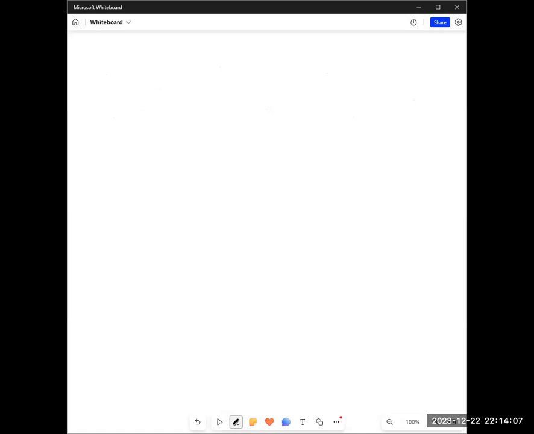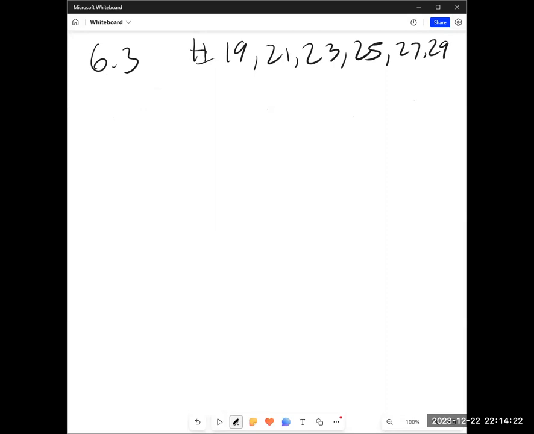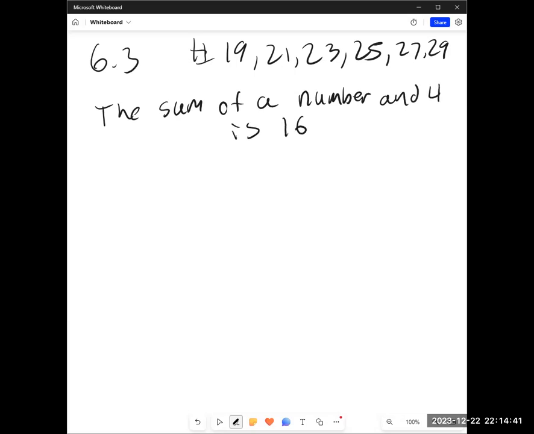So these are going to be 6.3, numbers 19, 21, 23, 25, 27, and 29. The first sentence here is: the sum of a number and 4 is 16.